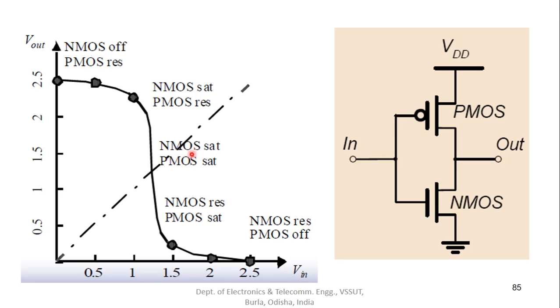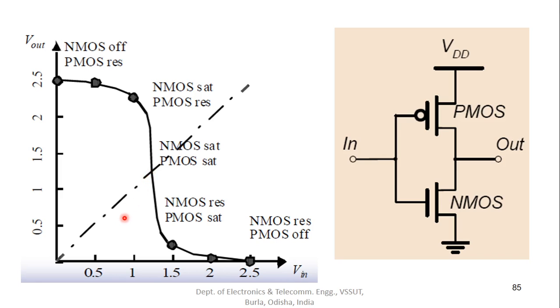So when both are in saturation, at this threshold point of the inverter, the current reaches its maximum value, and then it starts to decrease as we move forward, and it also starts to decrease as we move backward.